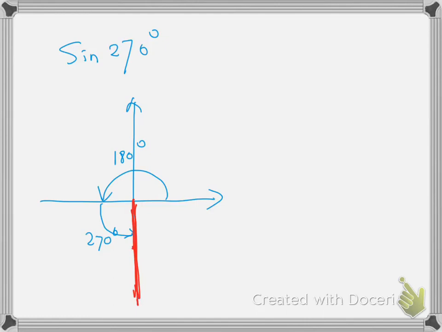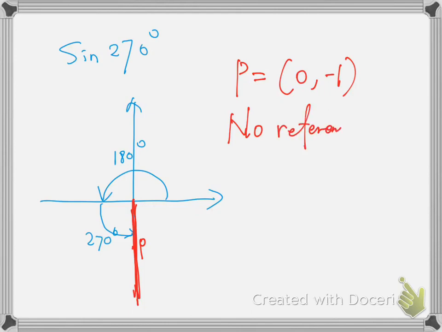So now where's our point P? This is our point P. So our point P is (0, negative 1). It's on the negative y-axis. So there is no reference right triangle, because if you draw a vertical line from P, you still get this y-axis. There's no triangle, okay? So no reference right triangle.